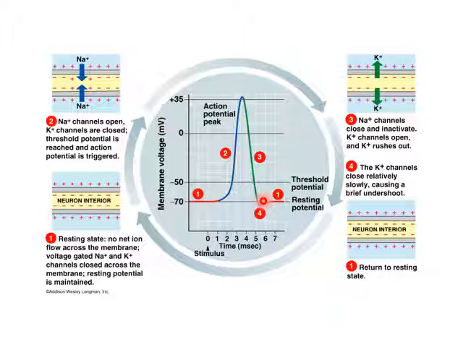Potassium leaving is going to bring that back to baseline at minus 70. And then the sodium-potassium ATPase pumps are going to exchange those ions, the positive for a positive, to get back to the resting state. And this all happens, measured in thousandths of a second, milliseconds.